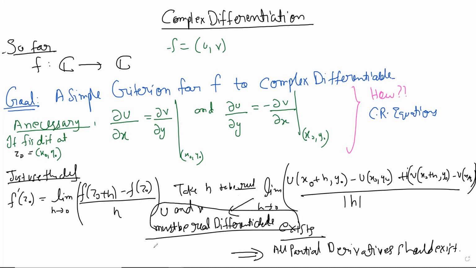In fact, we have also proved that it means that u comma v must be differentiable as a function from R2 to R2. All those things are surely necessary conditions.